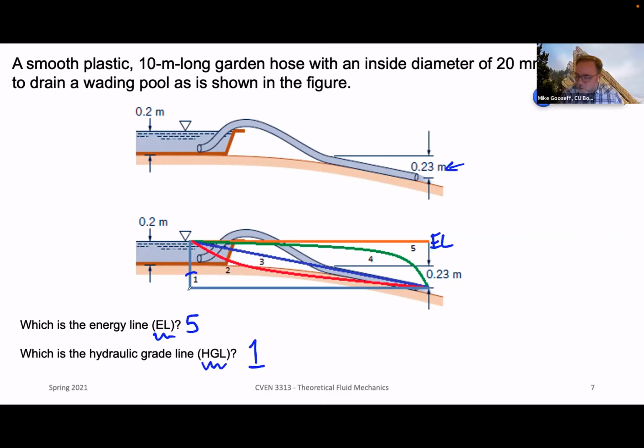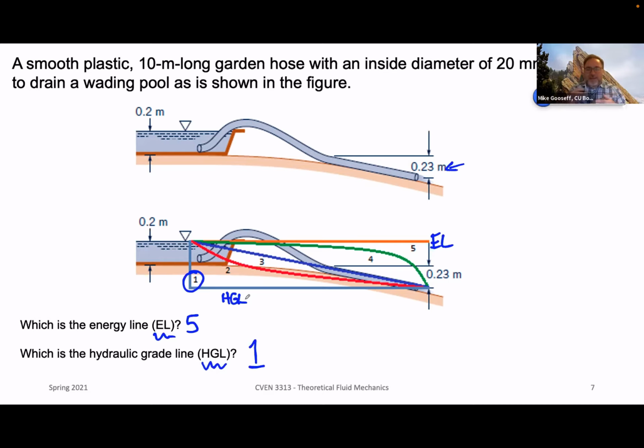But yeah, 1 works out as our hydraulic grade line because we expect to have consistent velocity inside the garden hose, from the information we're given. There's no change in size.